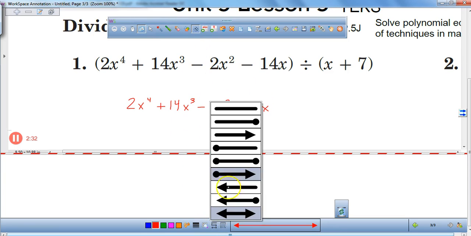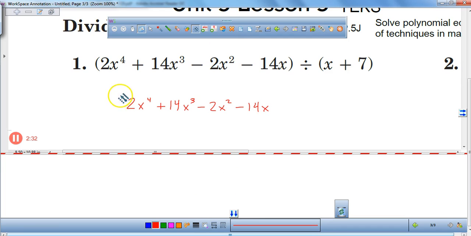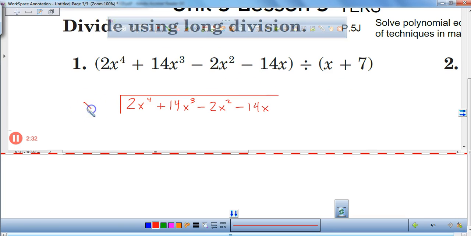And what I'm going to do is divide into that polynomial. I'm going to divide it by this binomial, x plus 7. Whew. Now how do we do that?